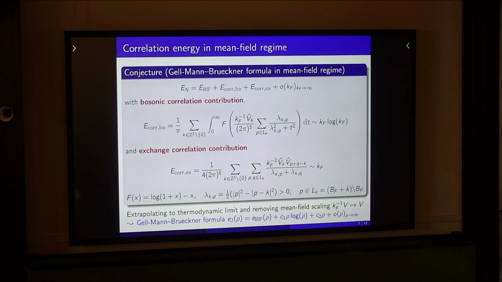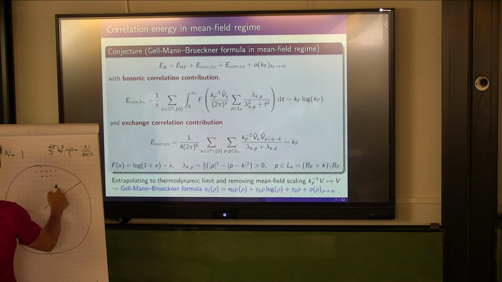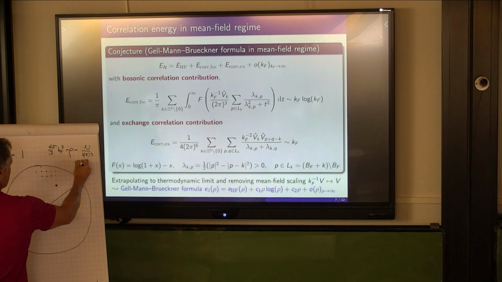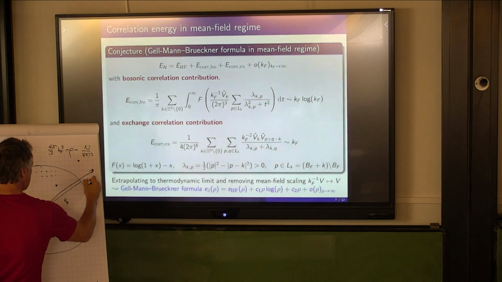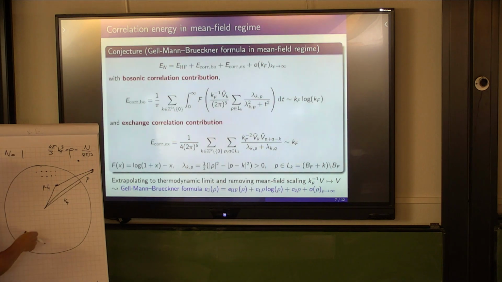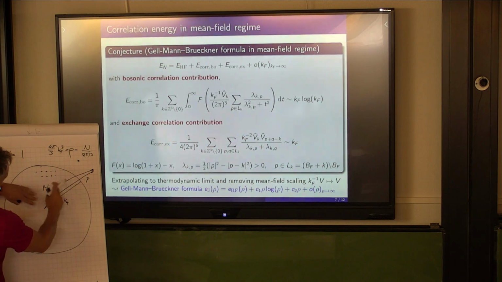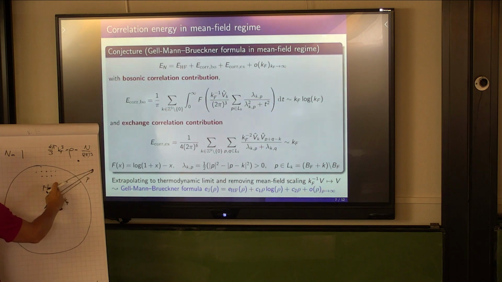If you take one point inside of the Fermi ball, I create one outside, I call that P, and if that is here my P minus k, then think of how you change the energy corresponding to the Fermi sea: you create the particle outside and you make a hole inside.